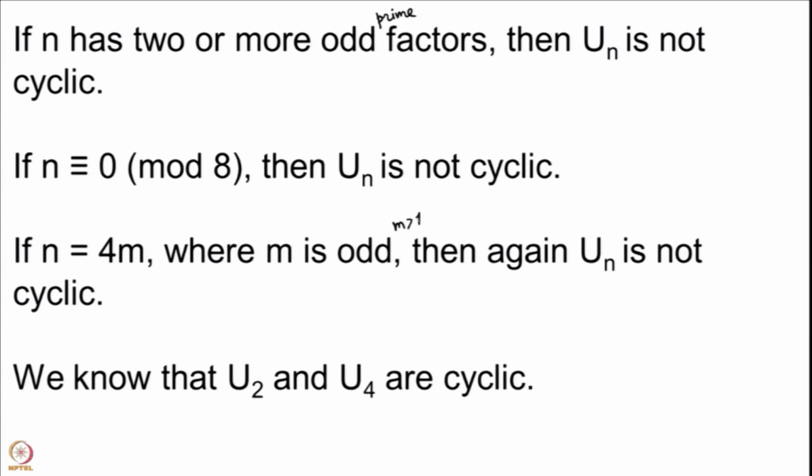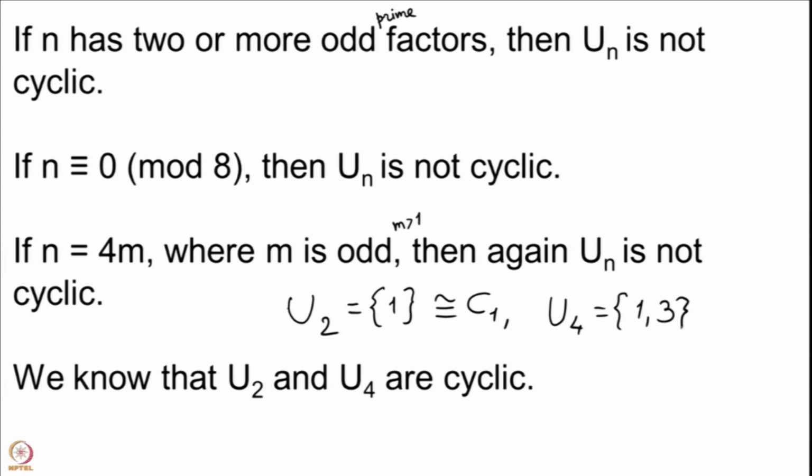These are cyclic. This is something that we can easily see. So, U2 for instance is the trivial group, and therefore it is isomorphic to C1, and U4 has only 2 elements 1, 3, and therefore it is isomorphic to C2. So, both U2 and U4 are cyclic.